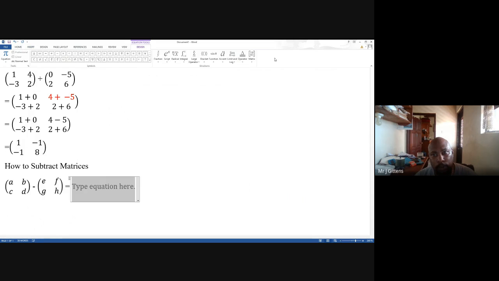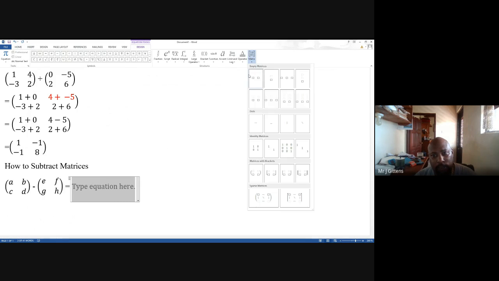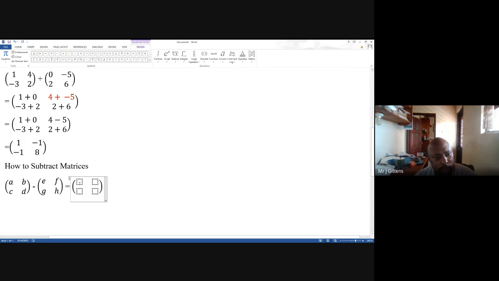So now it equals, like adding matrices, subtracting matrices follows the same principle. According to positions, you will subtract.